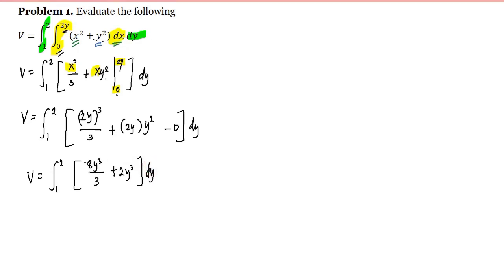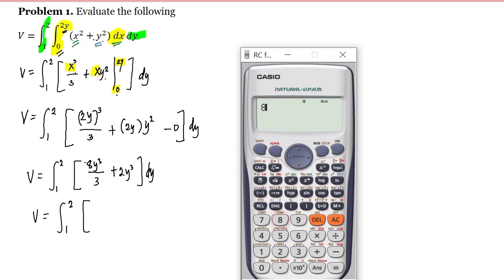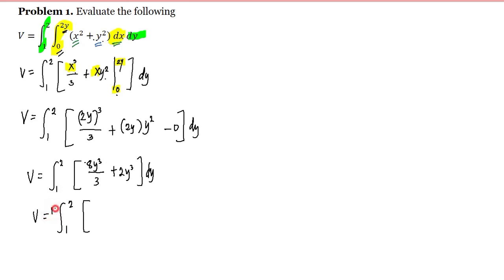And pagsamahin natin sila, since pareho silang y cubed, then using the calculator, we have here 8 thirds plus 2, that is equal to 14 thirds. So, since constant ito, pwede na natin ilagay dito sa labas. We have here 14 over 3. And dito, meron tayong y cubed dy.